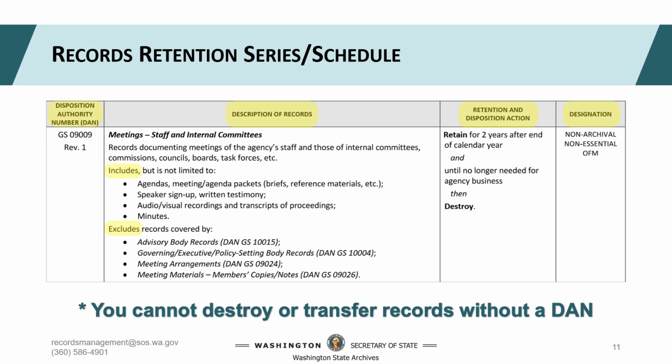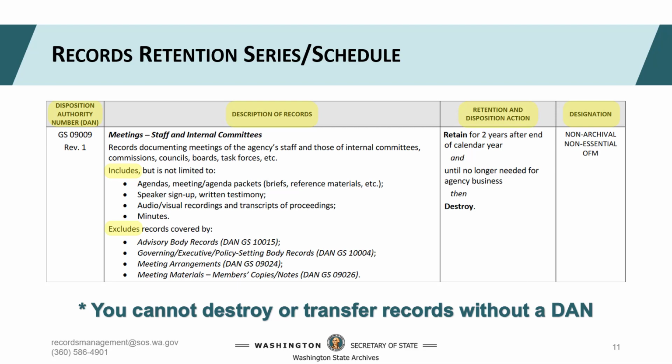This is a screenshot of one record series, Meetings, Staff and Internal Committees, that you'll find in CORE and the State General Schedule. Retention schedules are lists of record types an agency manages, much like any list you create or use in your work. Each type of record has a disposition authority number, or DAN.